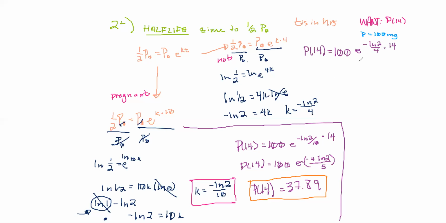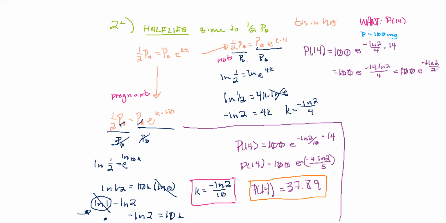And we're going to do the same sort of simplification where, or at least I like to do that before I start putting things into a calculator. So it's 14 natural log of 2 over 4.